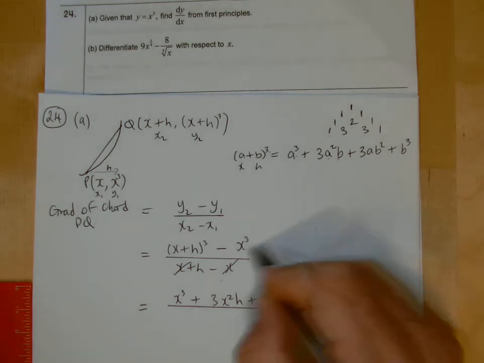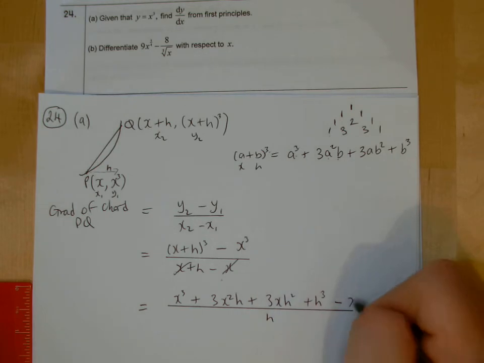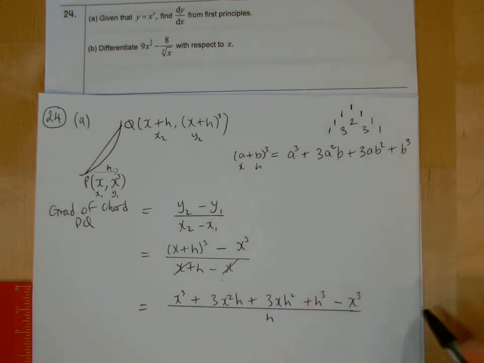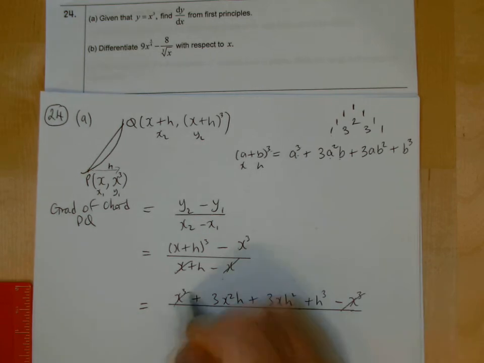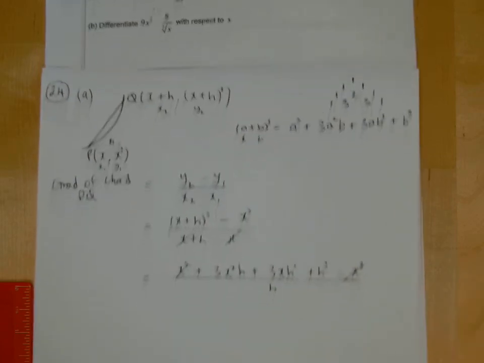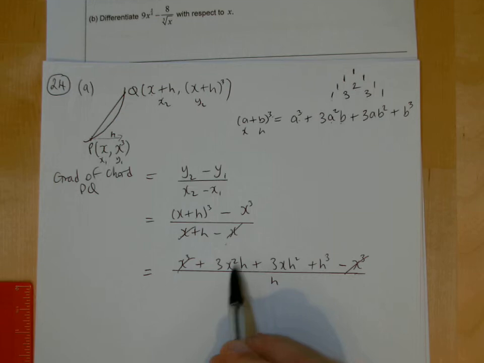Take away then at the end the x cubed here. Okay, and what you'll find nicely then is those x cubes cancel. Okay, and on the top, you'll always notice this, h is a common factor. H goes into every term.